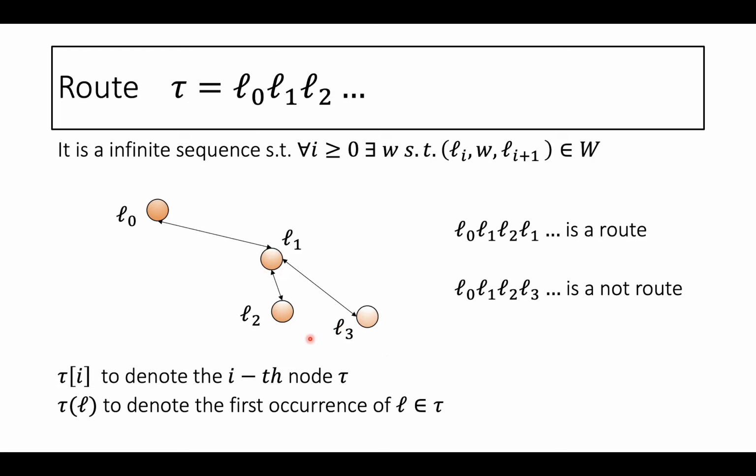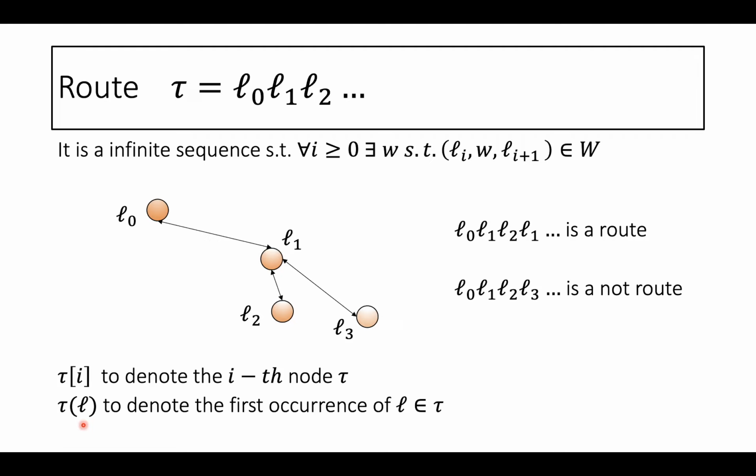And then, just as notation, we denote the i-th node as tau[i] with the square brackets, and instead we define the first occurrence of a location in the route with the round brackets. So tau(L) is used to denote the first occurrence of L in the sequence tau.